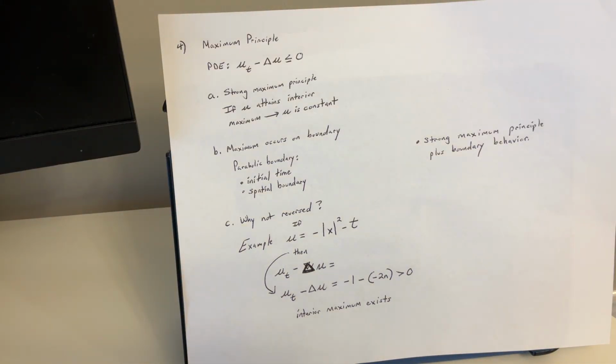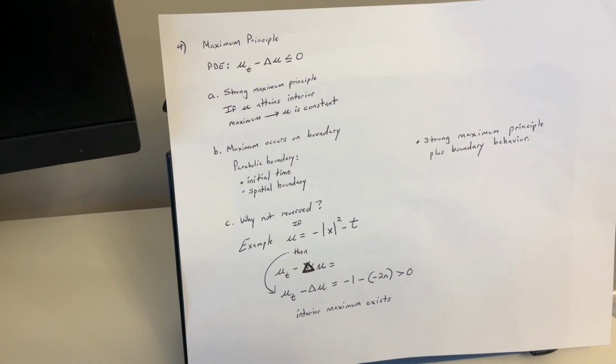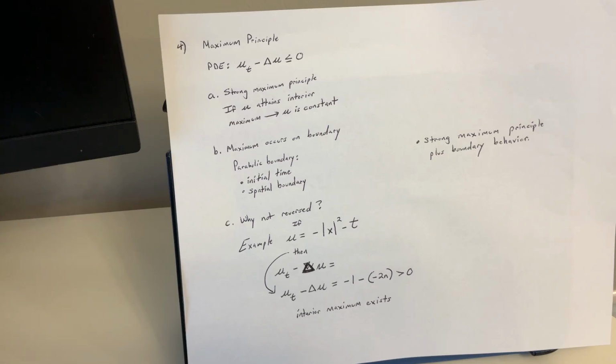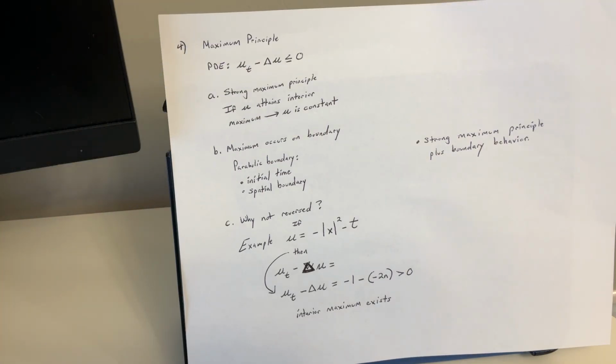For number 4, we have the PDE u sub t minus the Laplacian of u less than or equal to 0. Technically it's not an equation, it's in an inequality form, but it's in a partial differential form. Now for letter A, if you remember, you studied the strong maximum principle.